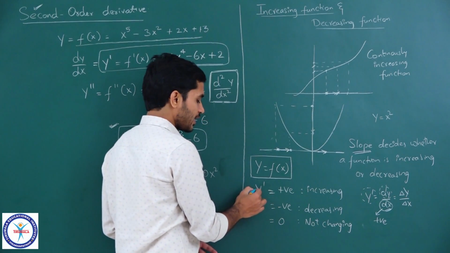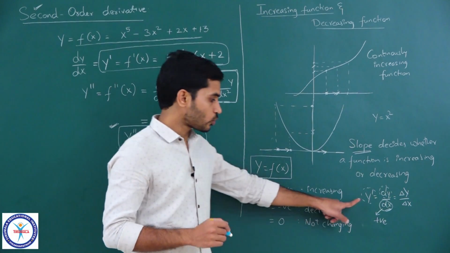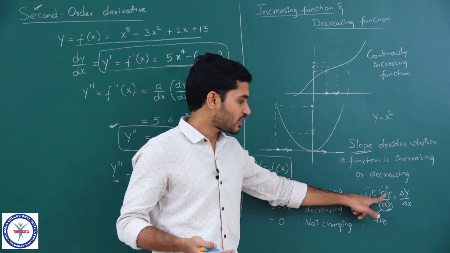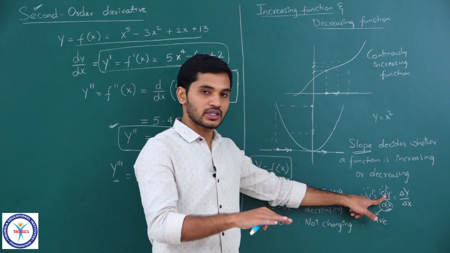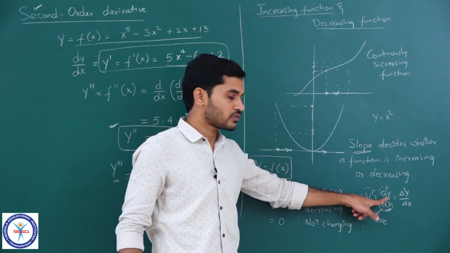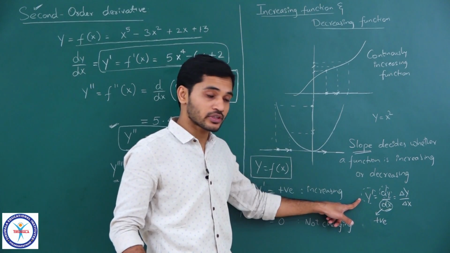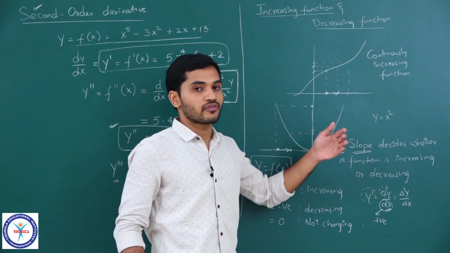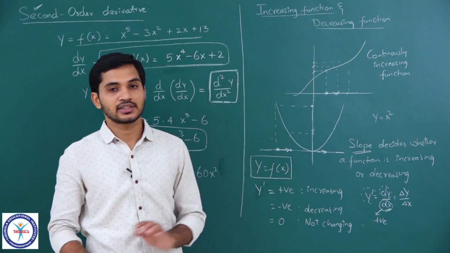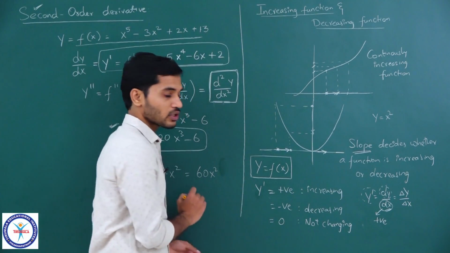So, that is how we are getting this result. Clear? So, slope decides whether y is increasing or decreasing. If y dash is positive, then y is increasing. If y dash is negative, y is decreasing. So, this is a very important thing which you will have to keep in mind.